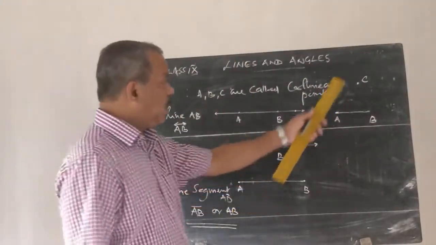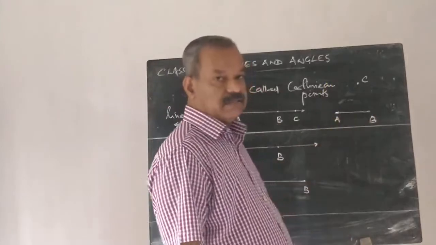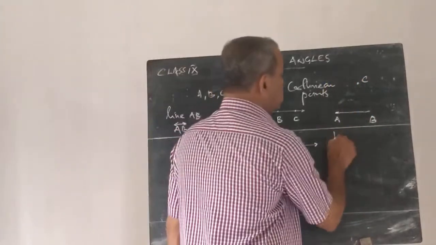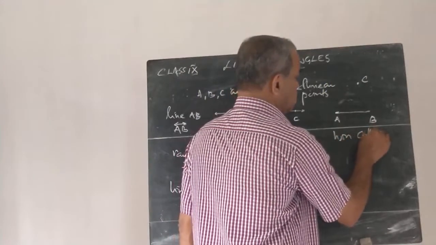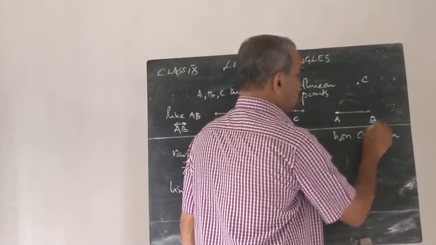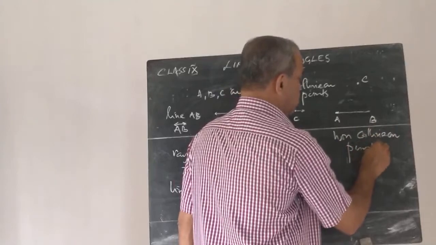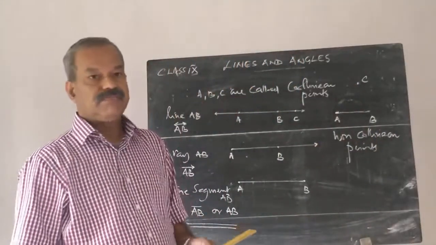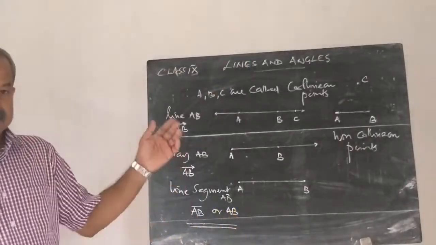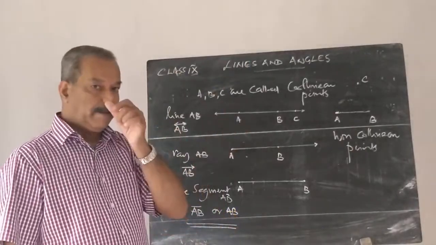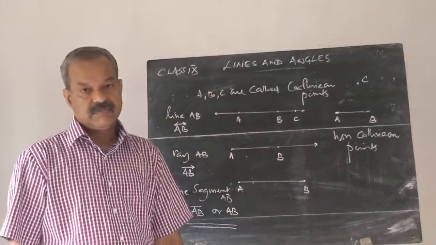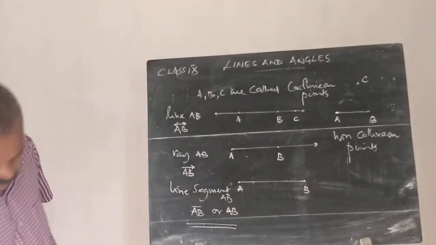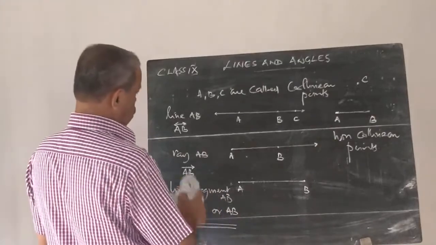Whereas here A, B, and C, since C is not on this line, they are non-collinear points. A, B, and C in this case are non-collinear. So, if 3 or more points lie on the same line, they are called collinear points. Otherwise, non-collinear points.